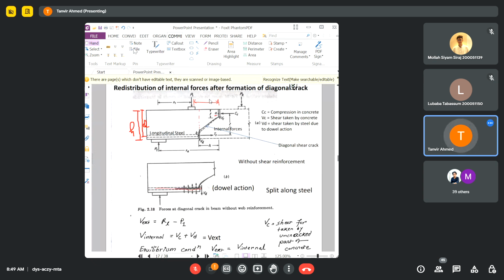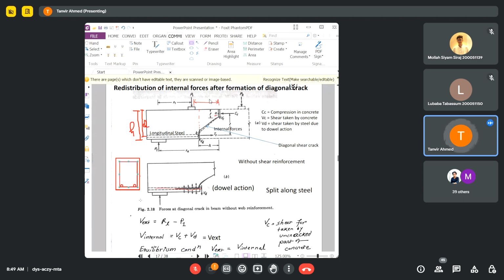Say for example, if the beam section is like this, and the steel reinforcements are like this, and this is the stirrup, say for example.